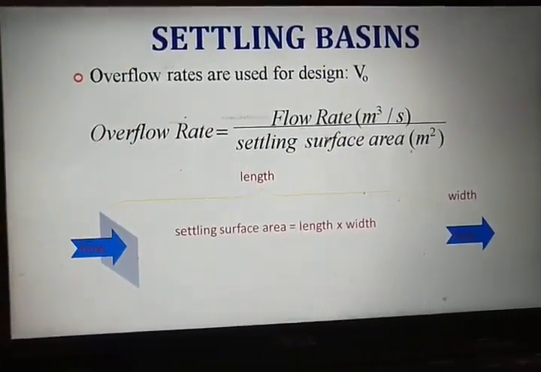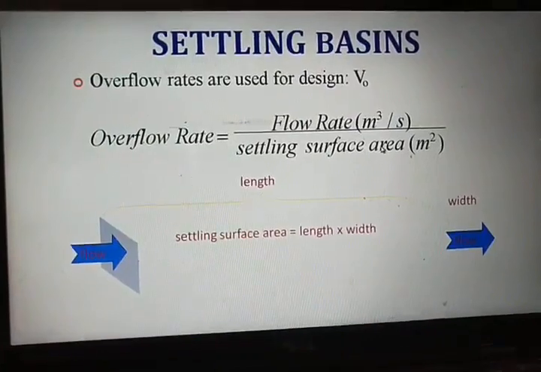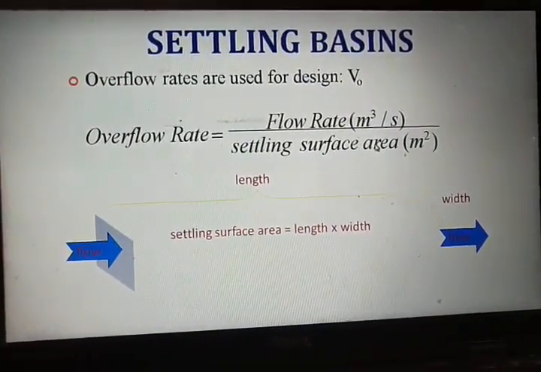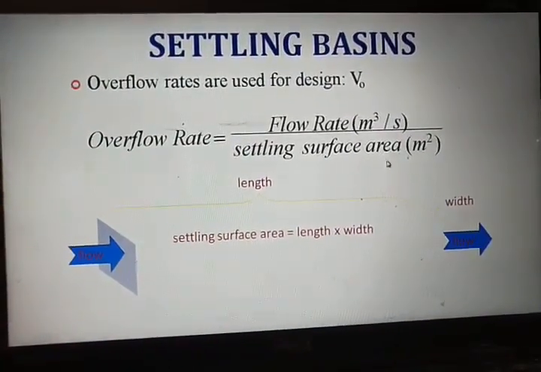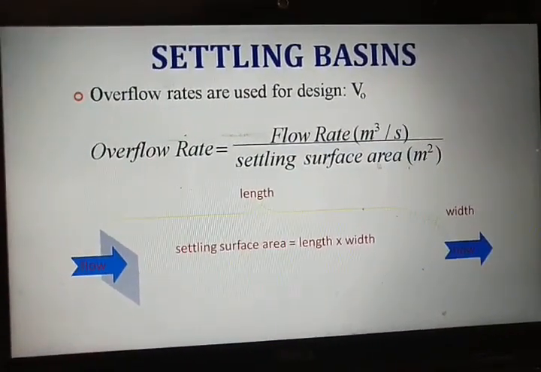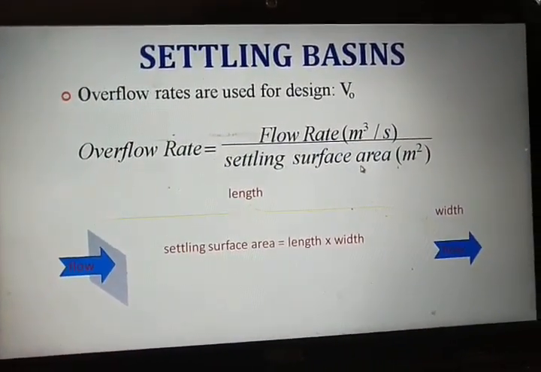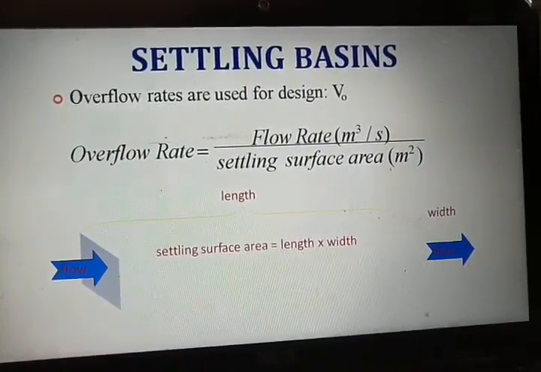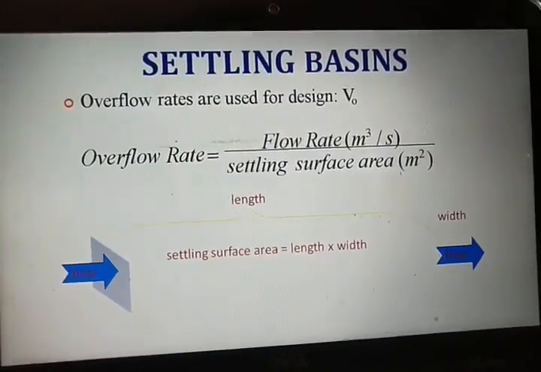Okay, so this surface area differs accordingly. If it is rectangular, then it is length into breadth. If it is a circular one, then it is pi d square by 4. So this changes, and you will come to know this when we solve a simple problem on sedimentation tank.